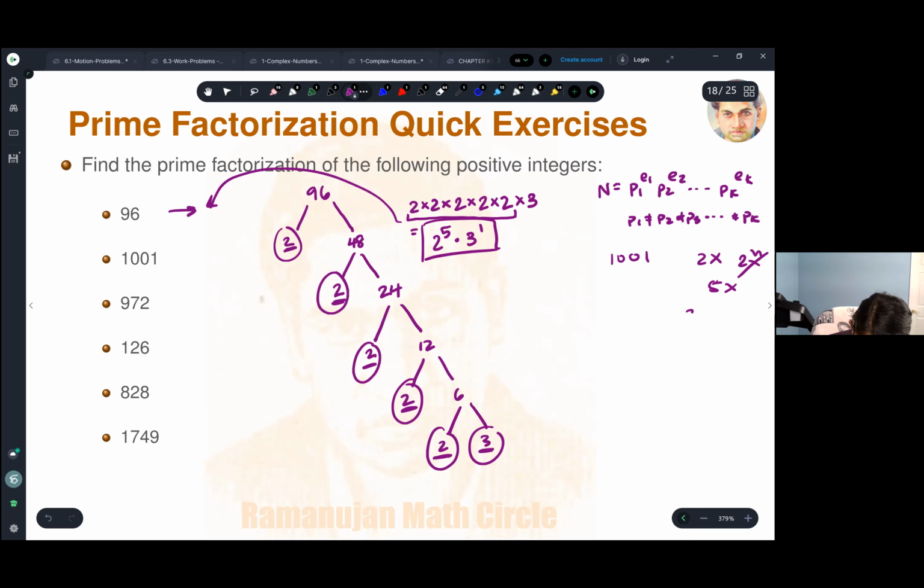We're going to do divisibility by 3 next, because it's the next easier one, and the sum of the digits is 2. That's because 1 plus 0 plus 0 plus 1 is equal to 2, and 2 is not divisible by 3, so that implies 1001 is not divisible by 3.